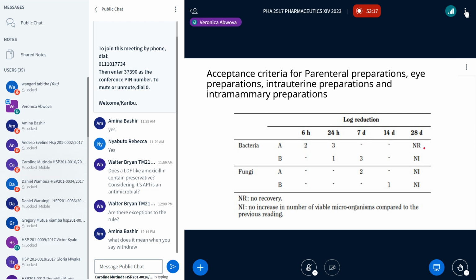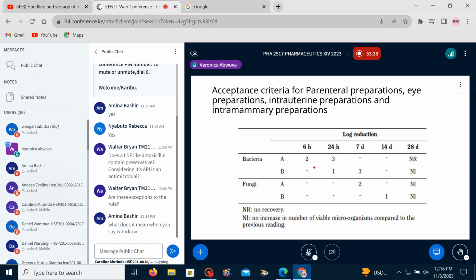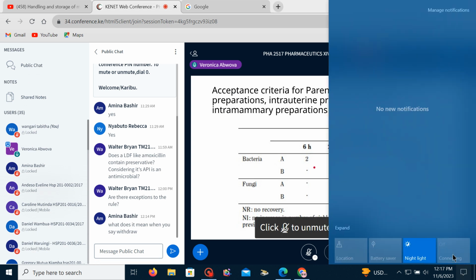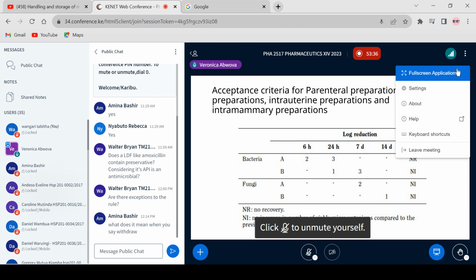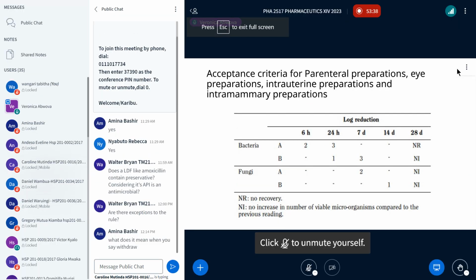And this is what we are saying: when you withdraw part of that product and plate it on growth media, at 6 hours you should be able to see a 2 log reduction. At 24 hours, you should be able to see a 3 log reduction.